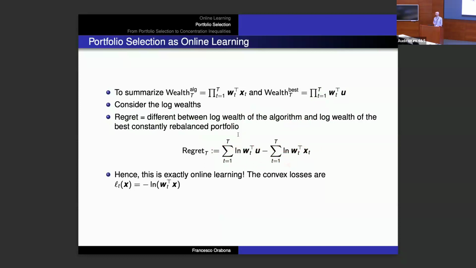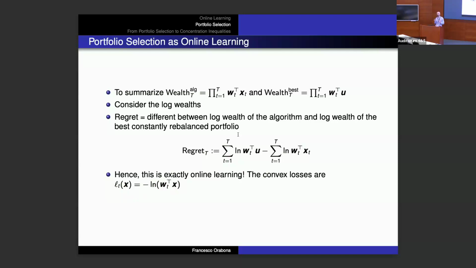Now, if you look at it, it's clear that this is exactly the same shape of the problem that I showed you before. And what are the losses that you receive in each round? These are your losses: minus log w_t transposed x. And this is a function of x. And this is a convex function, by the way.